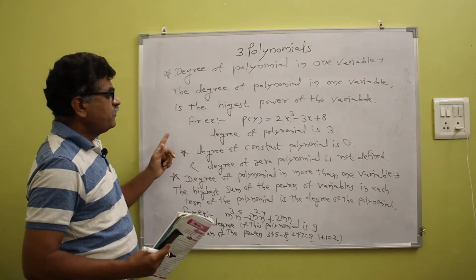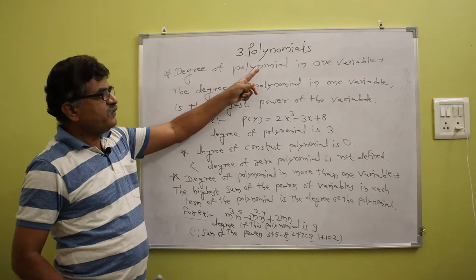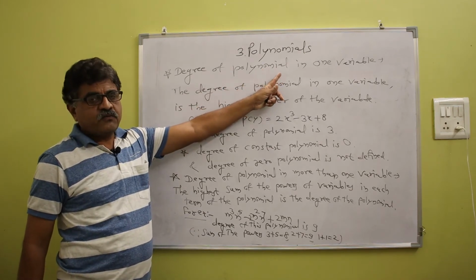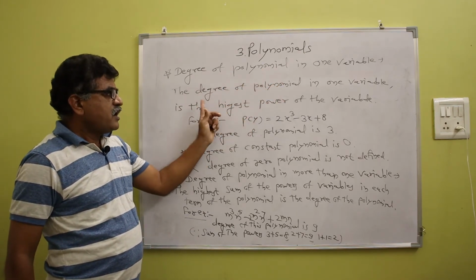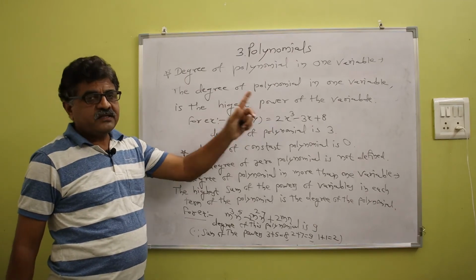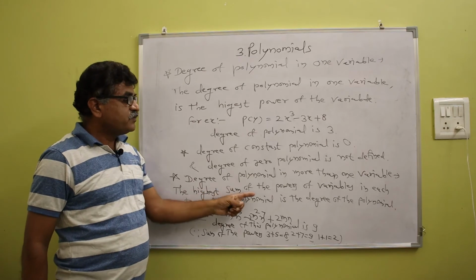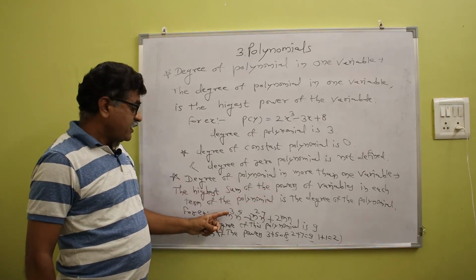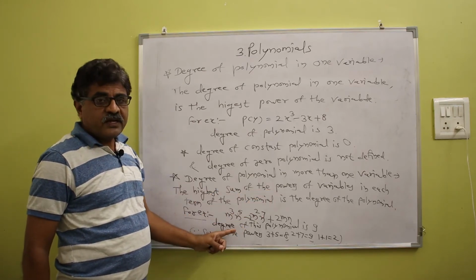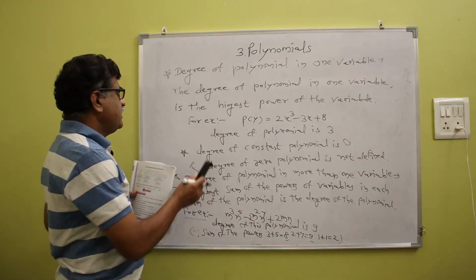Here degree of polynomials, if given polynomial is of one variable, then highest power of variable is its degree. Now if given polynomial is of more than one variable, then highest sum of the powers of the variables is its degree.